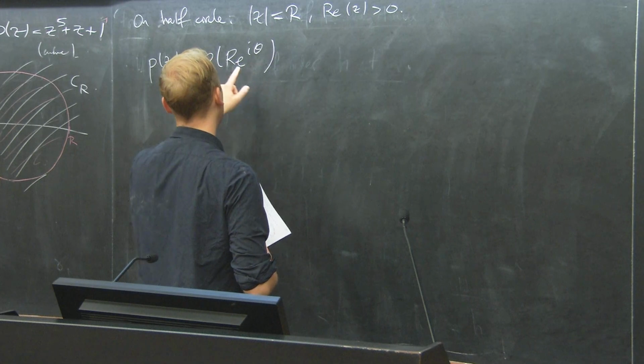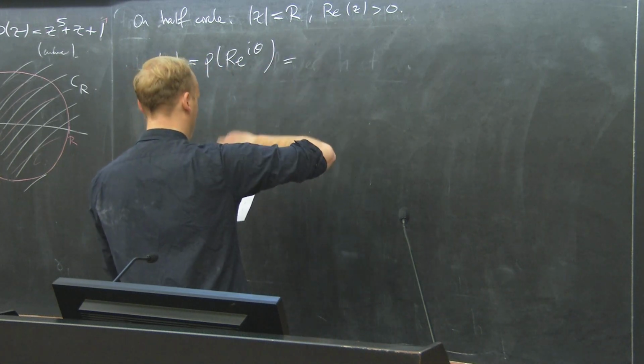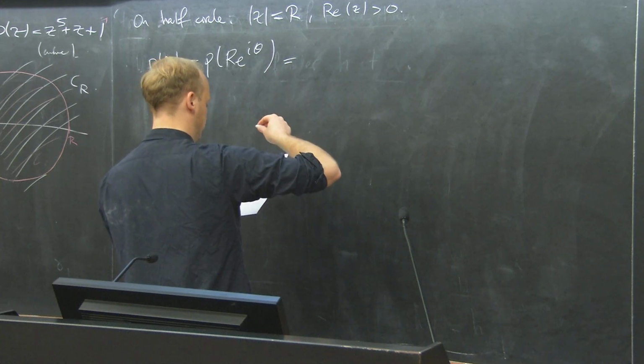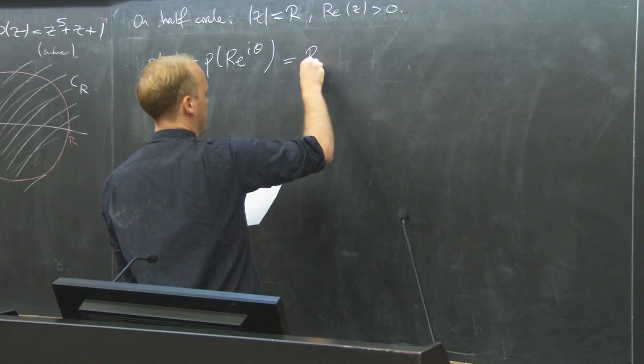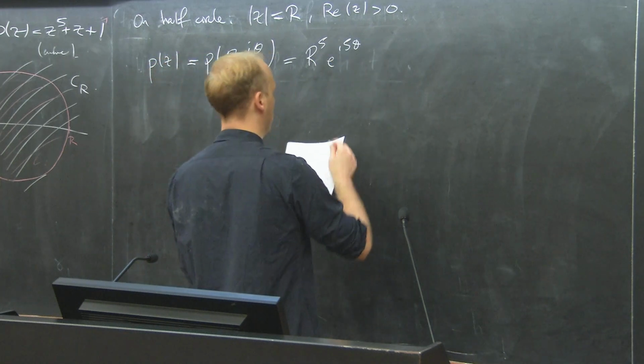So every Z is of this form for some angle theta, which is the argument. And this is then equal to, so let me put it like this. So let me break out the dominant part.